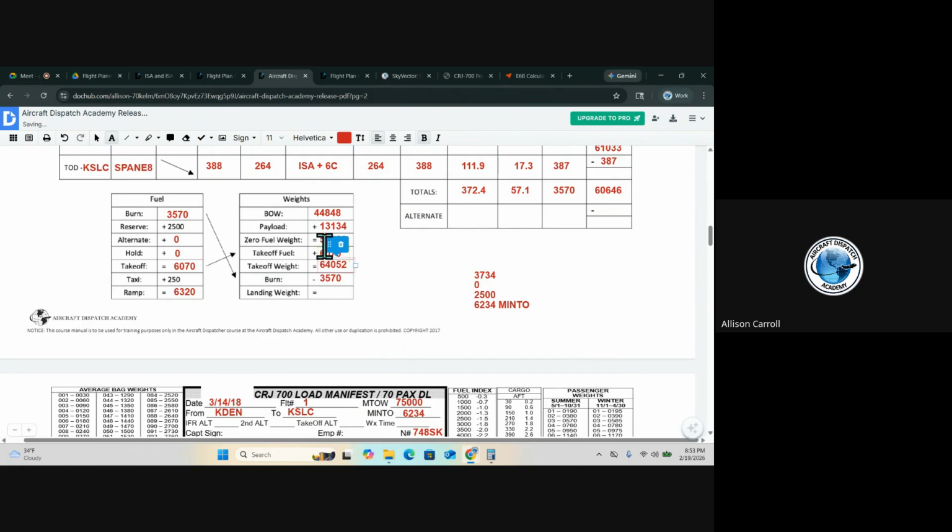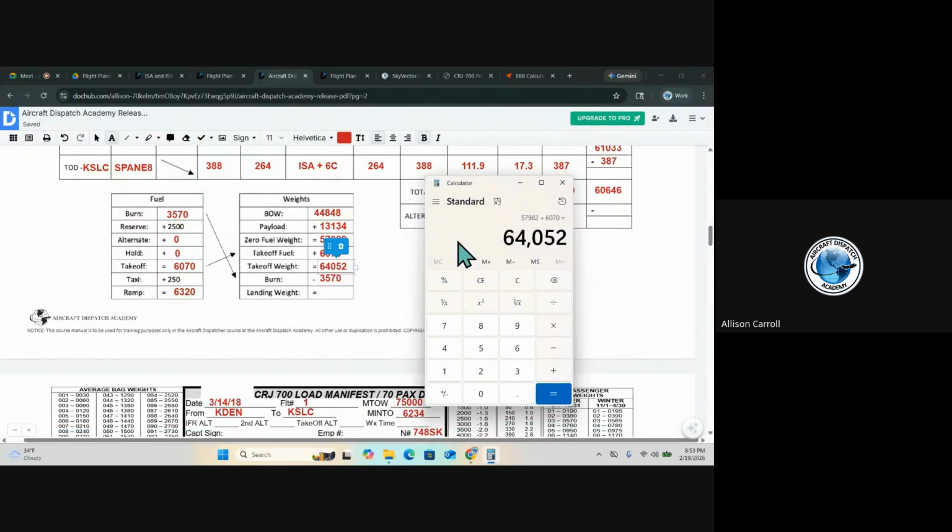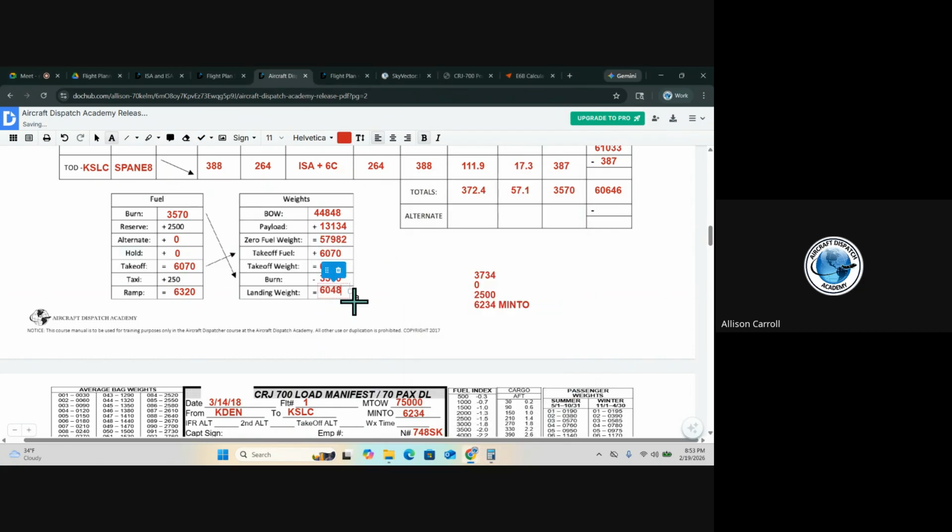Okay. It's our actual takeoff weight. And then we are going to subtract our actual burn of that 3570, and this is going to give us our actual landing weight. 6482. That number sounds oddly familiar.